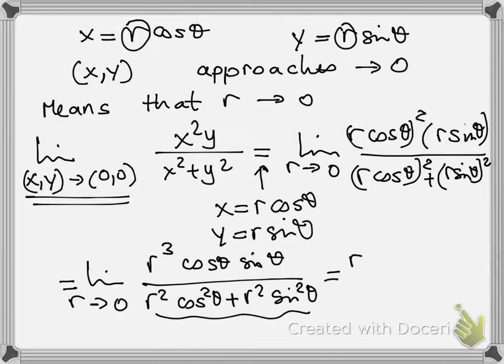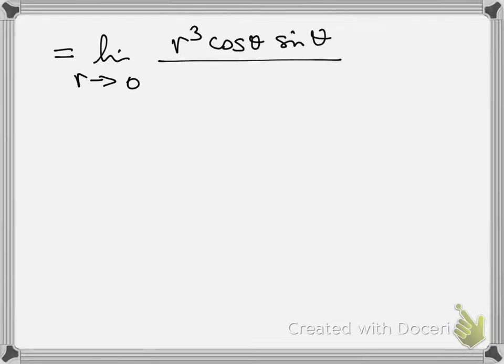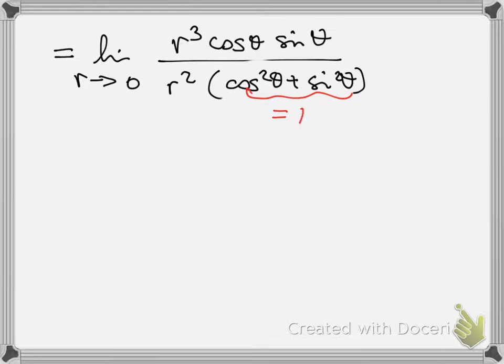So the limit as r goes to 0, we have r cubed cosine squared of theta sine of theta, and in the bottom, we can factor out r squared, so r squared times cosine squared of theta plus sine squared of theta. Of course, cosine squared plus sine squared is equal to 1, right?